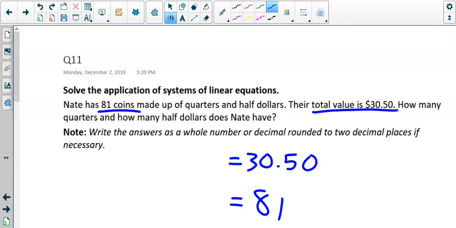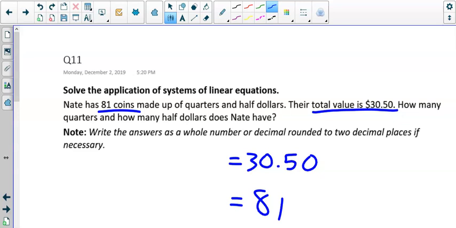Now the weird thing is, you've already used up all the numbers. So we have to rely on what we know about some of these, which is why I asked you earlier: do you know what a half dollar is? It's 50 cents. Do you know what a quarter is? 25 cents. We're going to use those 50 cents and 25 cents in one of these equations.